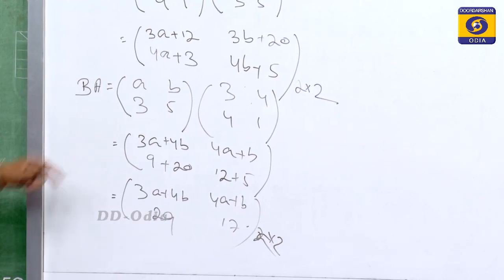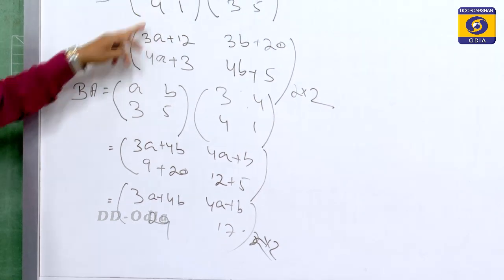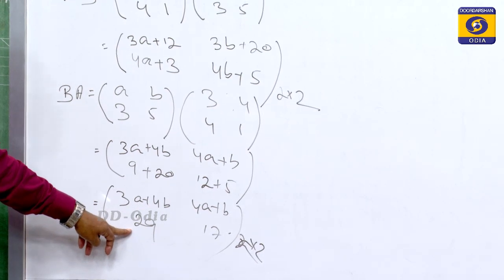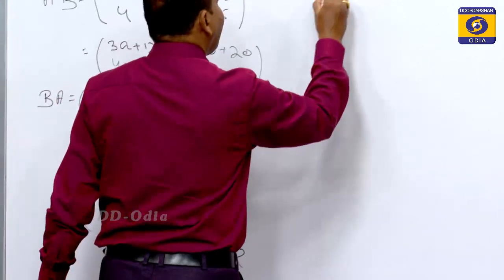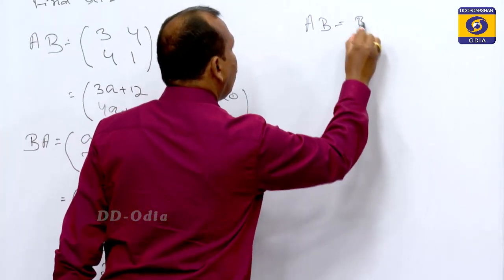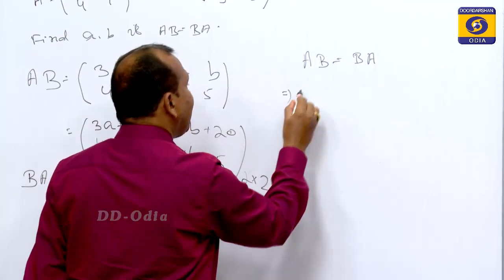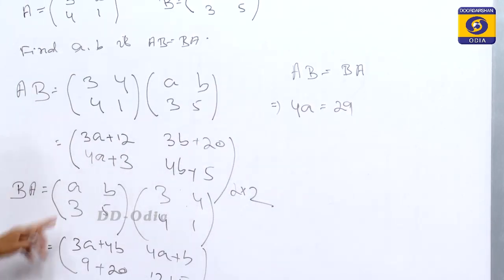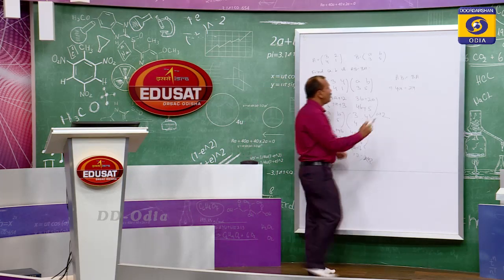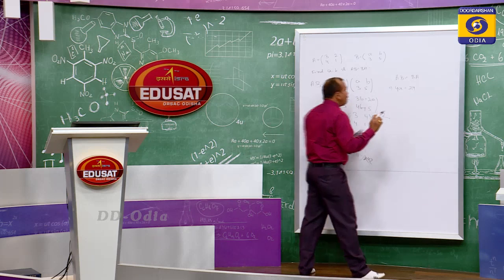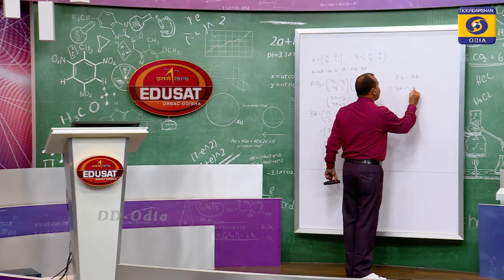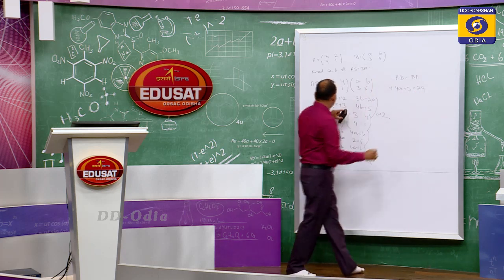Corresponding elements means, taking AB equal to BA, 4a plus 3 is equal to 29.